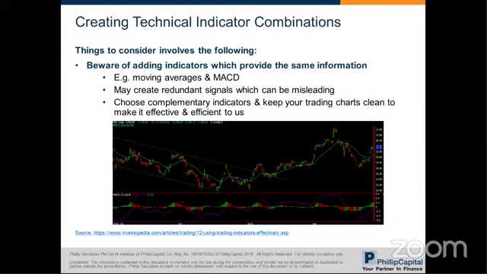For example, if I want a trend indicator, you don't want to have moving averages and MACD on the same page to illustrate the same information, unless you want to use the MACD for momentum purposes, to see how strong the price trend, or the price action itself, is. Otherwise, you wouldn't want to add too many details and too much of the same information, because that will create redundant signals which can be misleading.